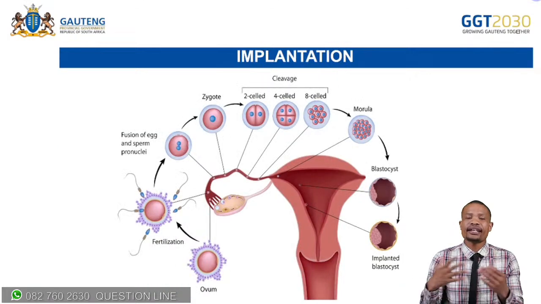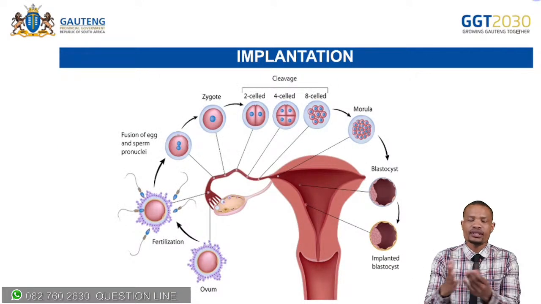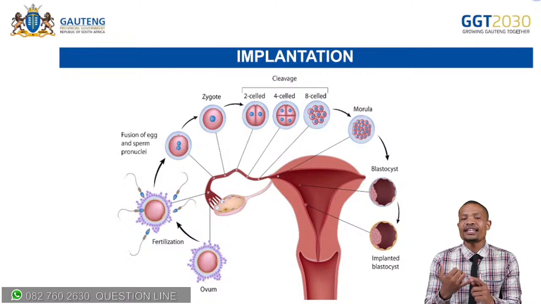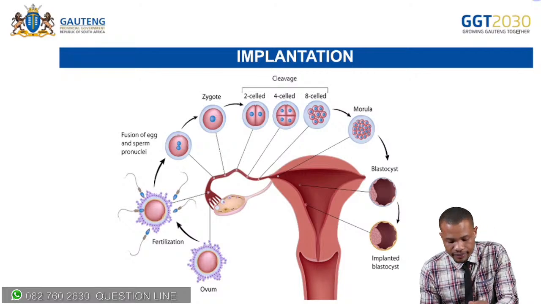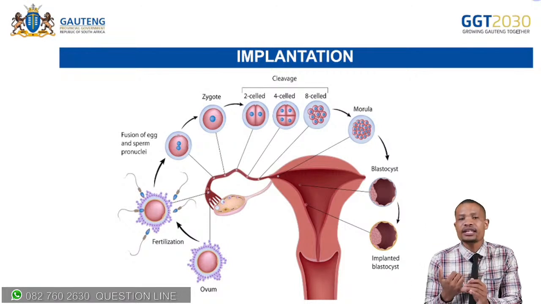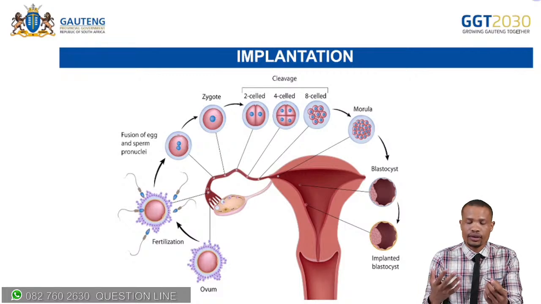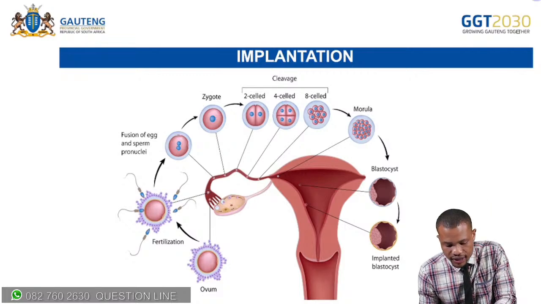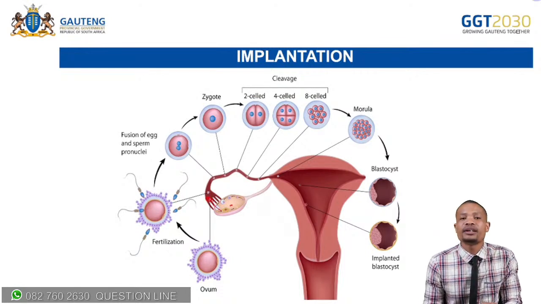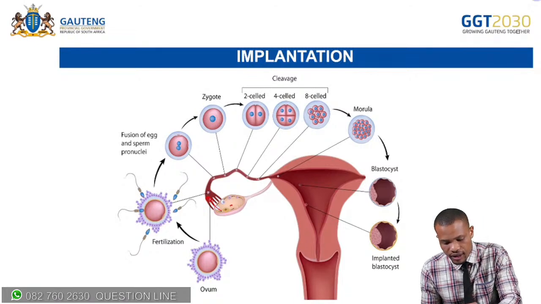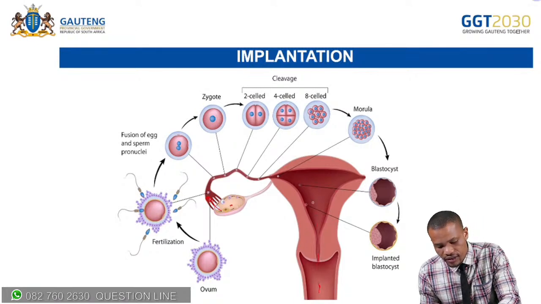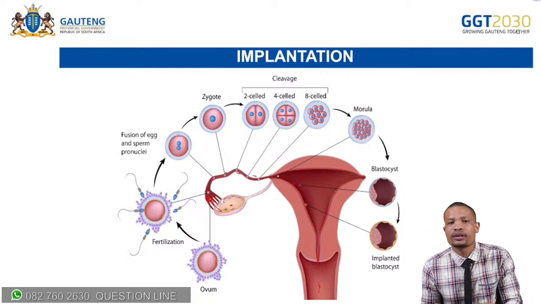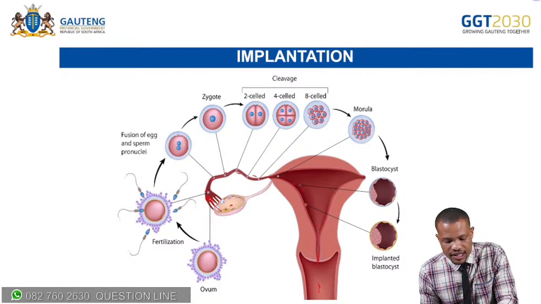Right, so this is a clearer picture that shows how this motion takes place. So we said that fertilization occurs where? First thing, the egg is released during ovulation and it goes into the oviduct. So the egg was there initially, and as it matured, it was released into the oviduct. Then a sperm will come all the way from the vagina to the oviduct, and fertilization will take place.